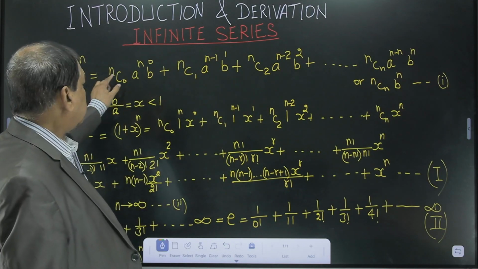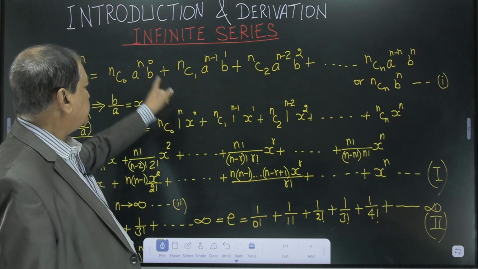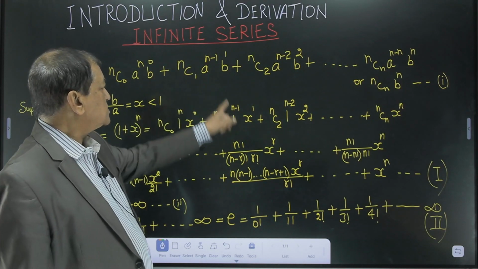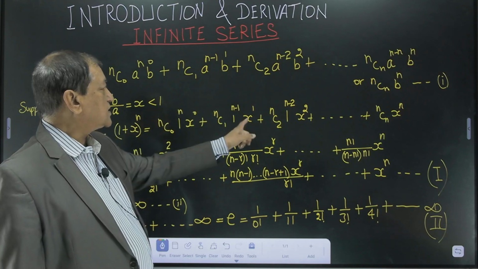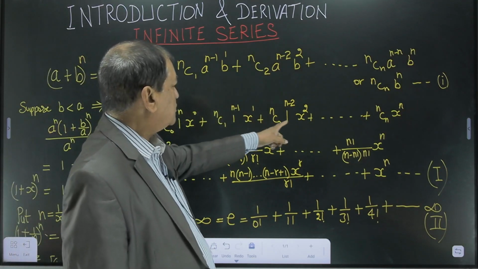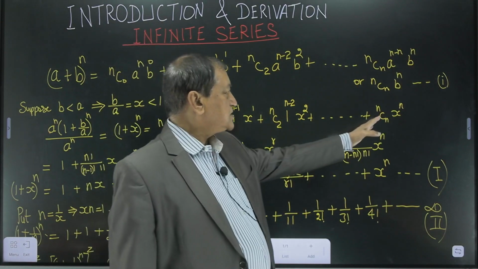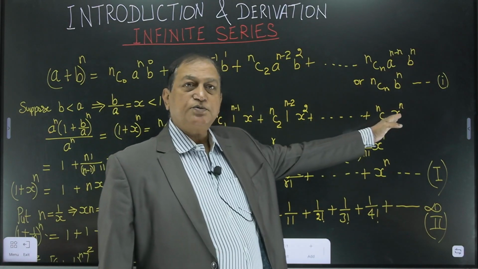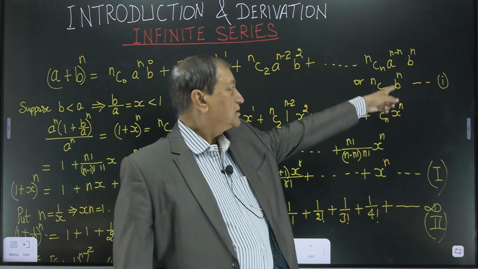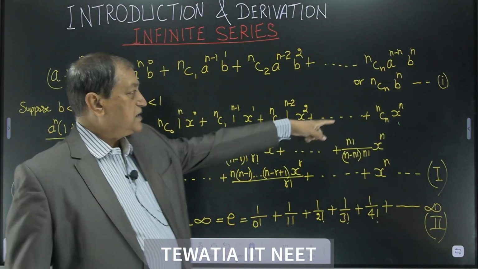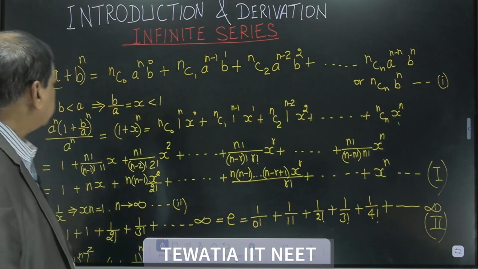I am simply taking it from here: a is 1, b is x, and the last term is nCn x raised to power n. So nCn is obviously 1.